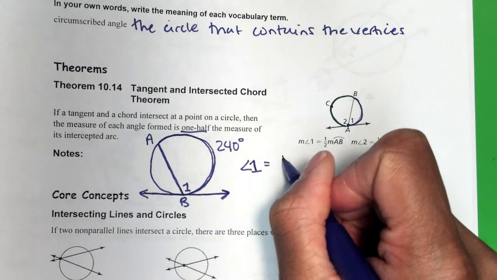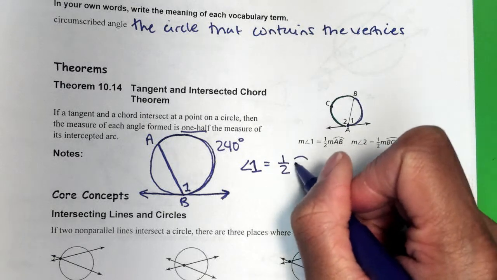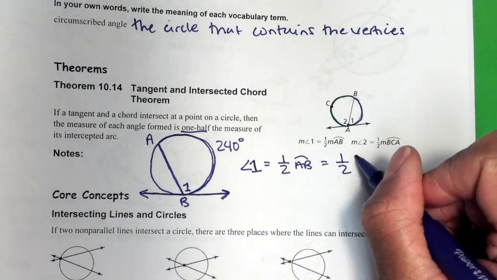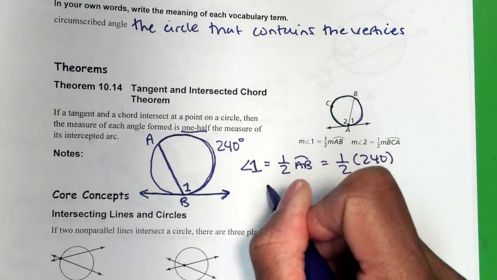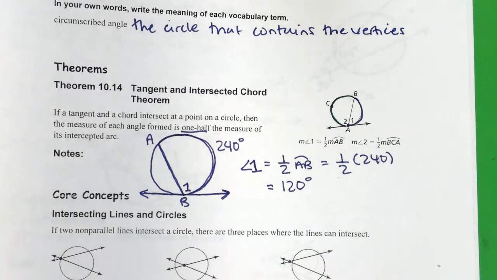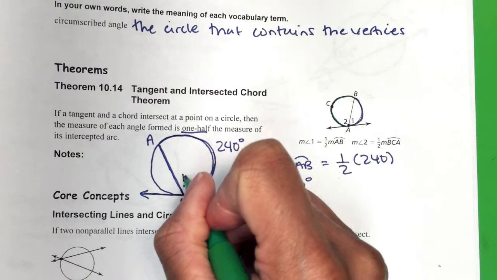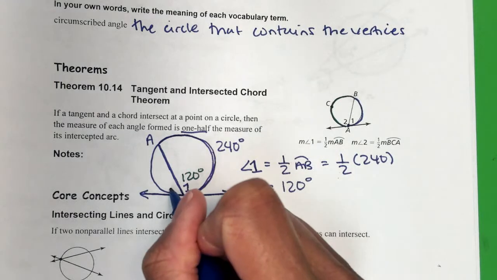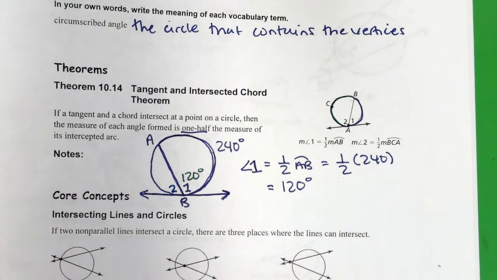So angle 1 would be half of arc AB, which equals 1/2 times 240. So the measure of angle 1 is 120 degrees. Simple enough. Now say we wanted to find the measure of angle 2, on the other side of 1. This is where knowing linear pairs helps. I could take 120 and subtract it from 180 to get the measure of angle 2.